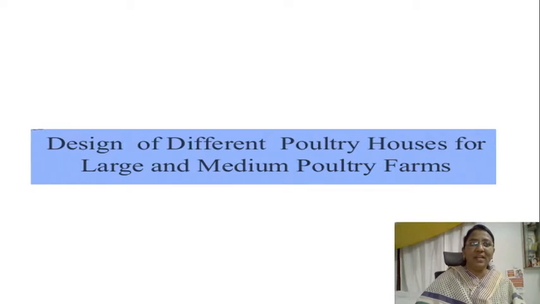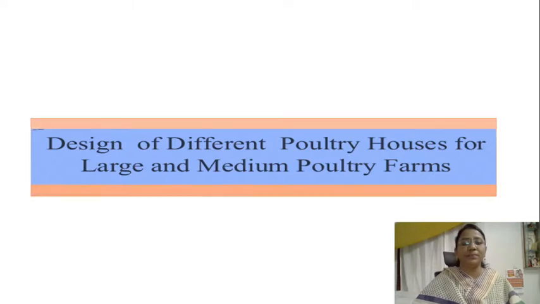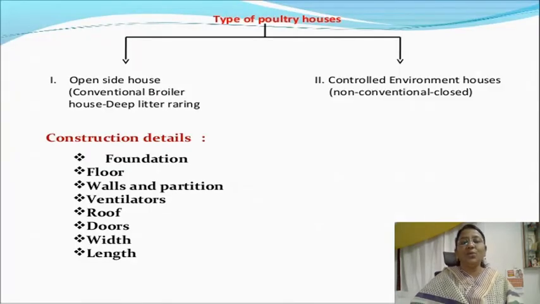Coming to the designing of the different poultry houses for large and medium poultry farms. There are two different types of poultry houses. Open side house, that is conventional broilers house, deep litter rearing. Second one is controlled environment house, that is non-conventional closed house.